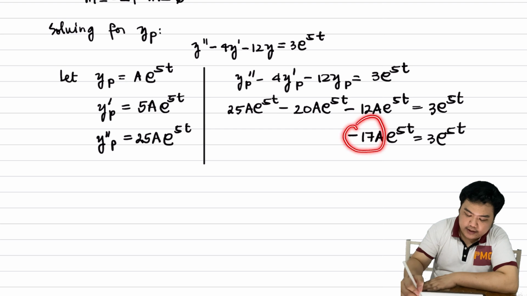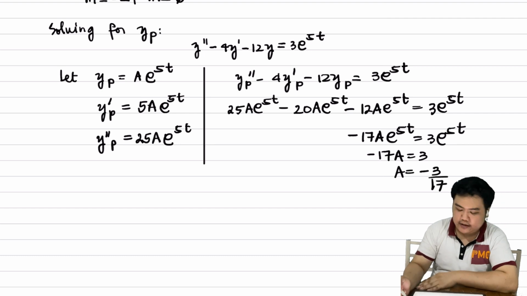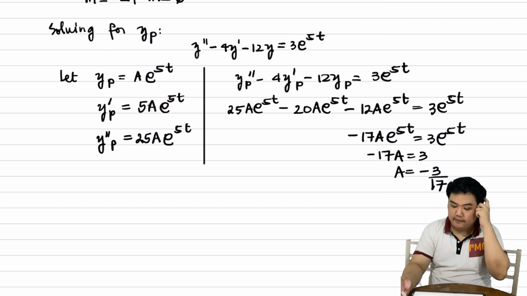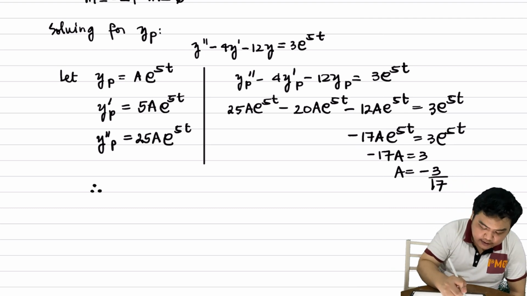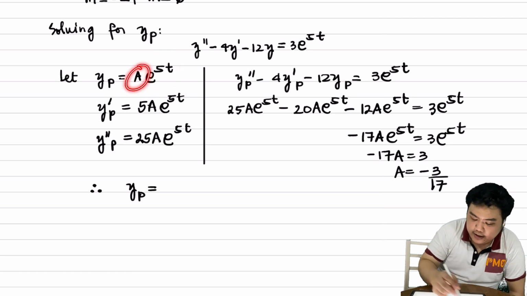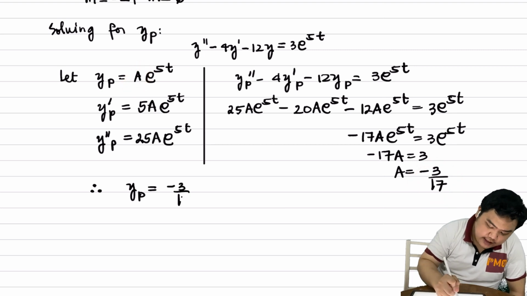Equate this by this. Negative 17a is 3. So, a is negative 3 over 17. Okay? So, yung y sub p natin is equal to, ito yung hula natin, no? So, pa-plug in mo lang si a. So, it's negative 3 over 17 e raised to 5t.